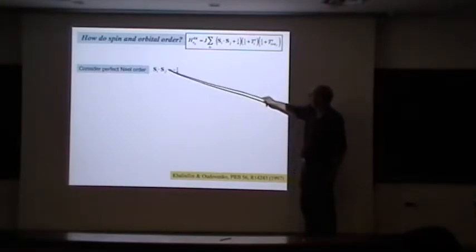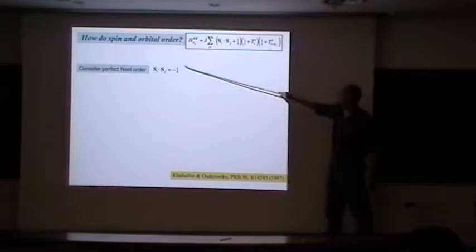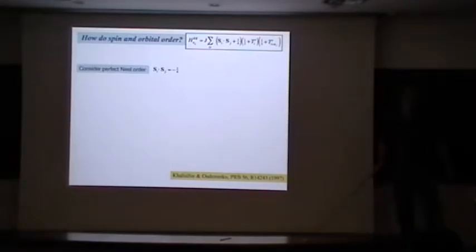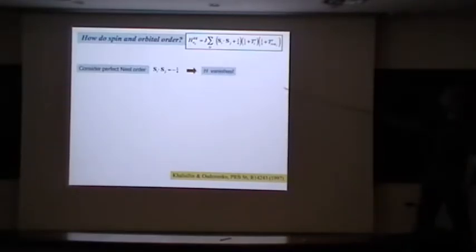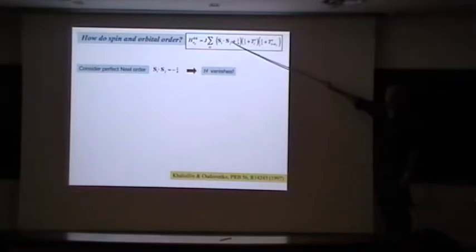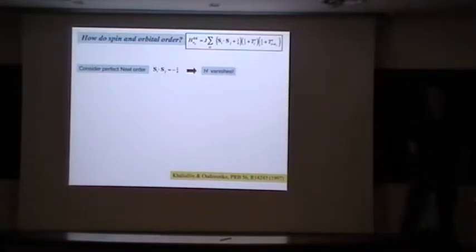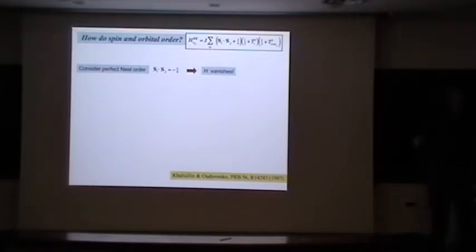So that S_i dot S_j is -1/4. Well, if it's -1/4, the Hamiltonian here vanishes, right? So the Néel state is not a good state. Well, it has 0 energy. Maybe it's the best of all the bad states, but it does not look like a good state.